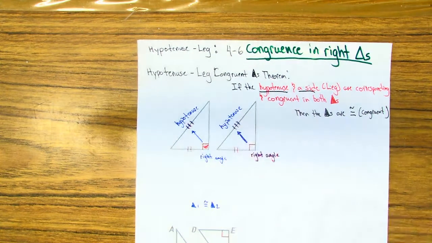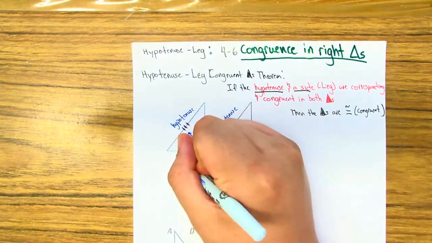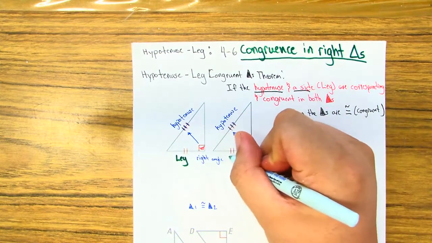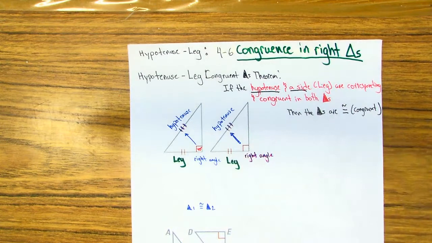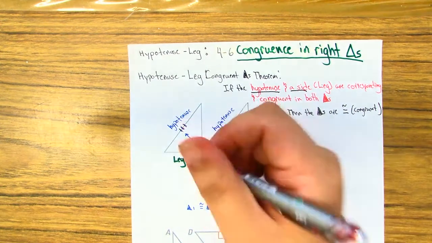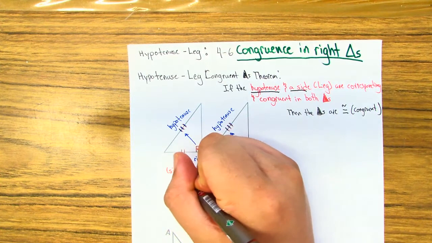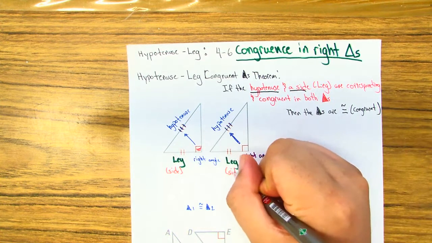Or not side, we can say the leg. This is the short leg and this is the long leg. That's how it's represented in the book or in geometry. Once again, the leg is also known as a side.